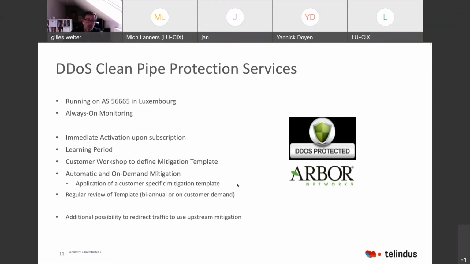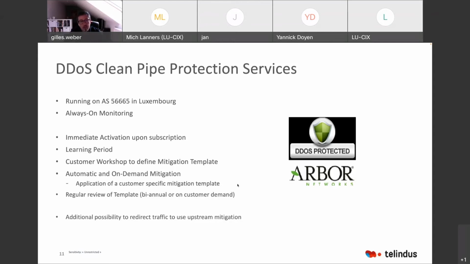After this, we set up a workshop together with the customer to define the mitigation templates. Mitigation template means that we are going to define the actions that we are going to apply in case of an attack. This can be done in an automatic or in an on-demand mitigation mechanism, where we can prepare this and only activate them on request, or where we can have them automatically triggered when an attack is happening.